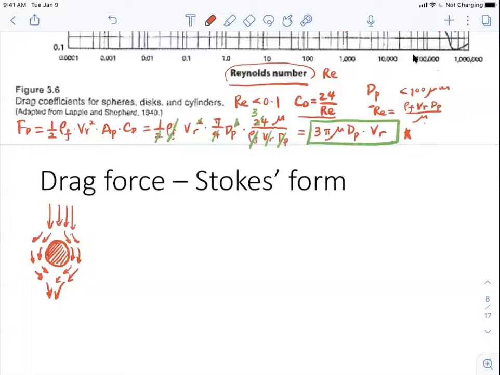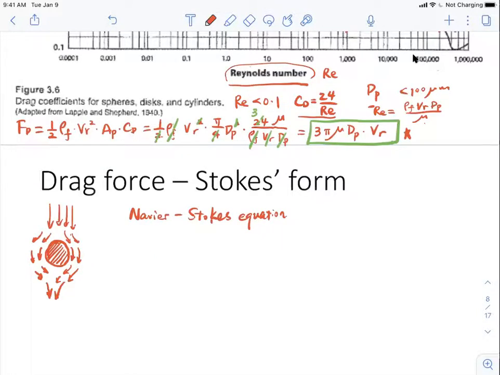So the movement of the fluid surrounding the particle can be solved by the governing equation in fluid mechanics, which is called the Navier-Stokes equation. For any fluid system, we can use the Navier-Stokes equation to solve for the force, the movement, or the velocity of the fluid.